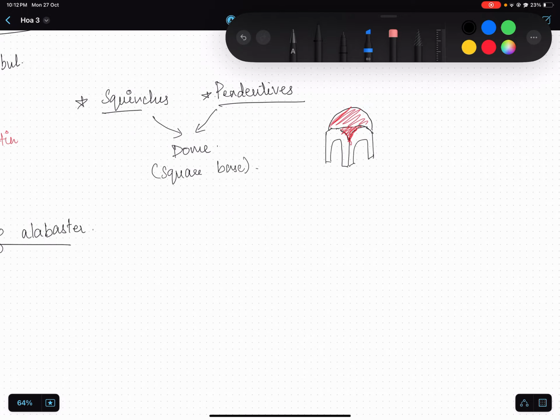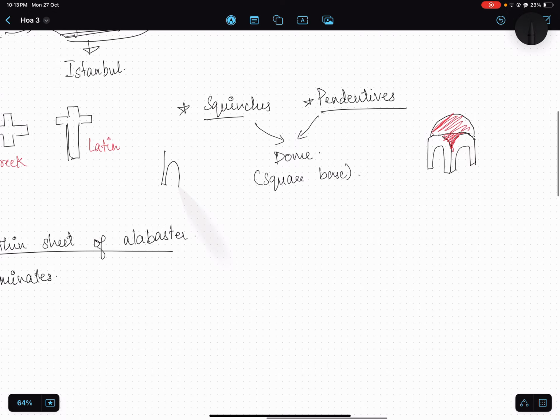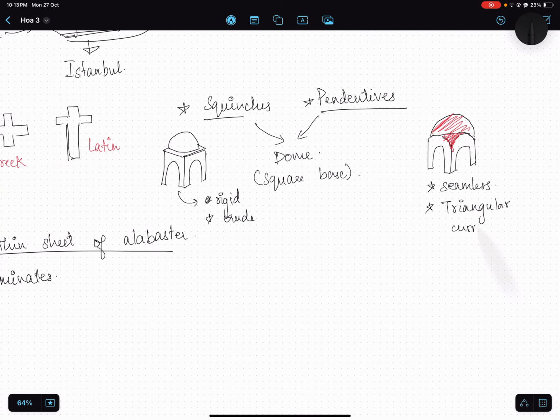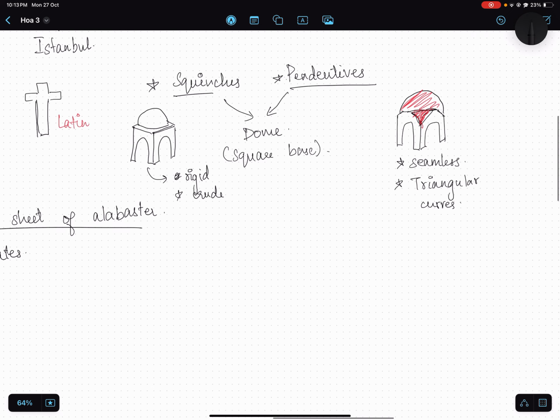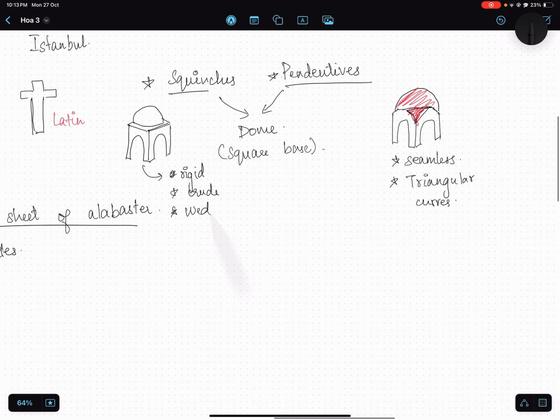And if we see squinches, so squinches were more rigid and more crude, while these were a lot more seamless, and they had these triangular curves that helped the dome sit on it more seamlessly, while squinches had wedges, arch shaped, that were present on all the four sides for the dome to sit on.